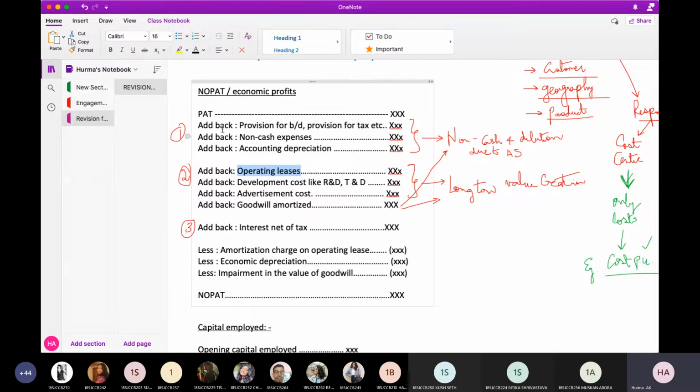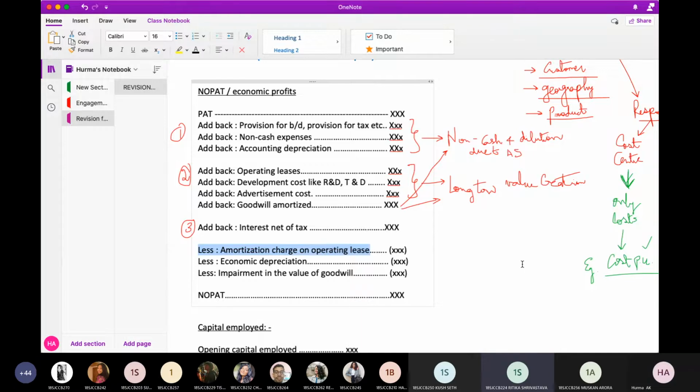Yes, ma'am. We haven't done that here in the PAT, correct? Yes, ma'am. That's why we're deducting it. But ma'am, what does it mean, amortization on operating lease? Why depreciation? But it's a lease, so the lease would be for some asset.